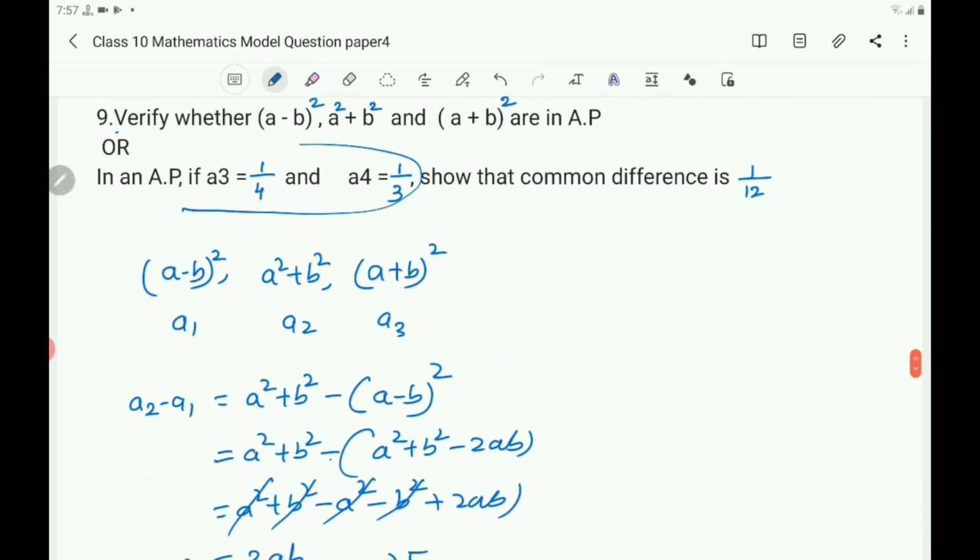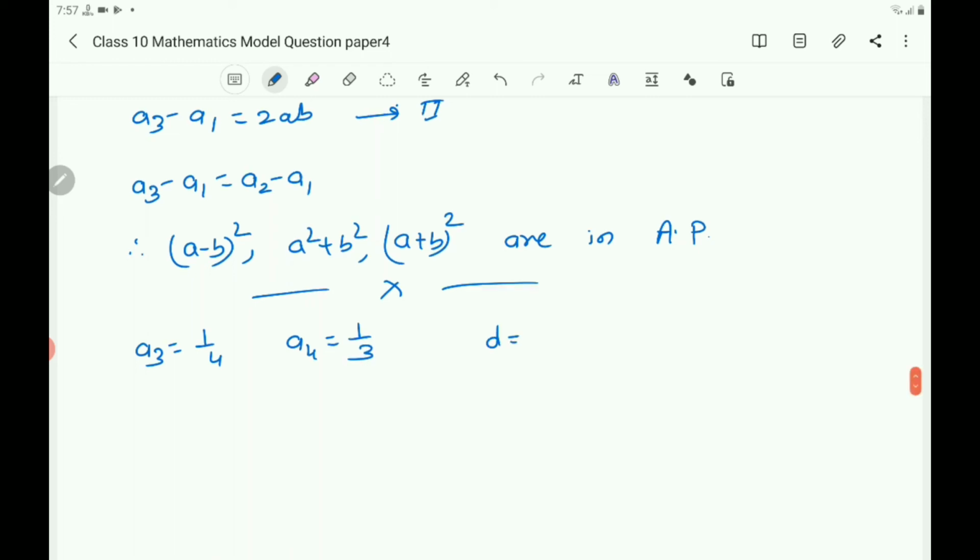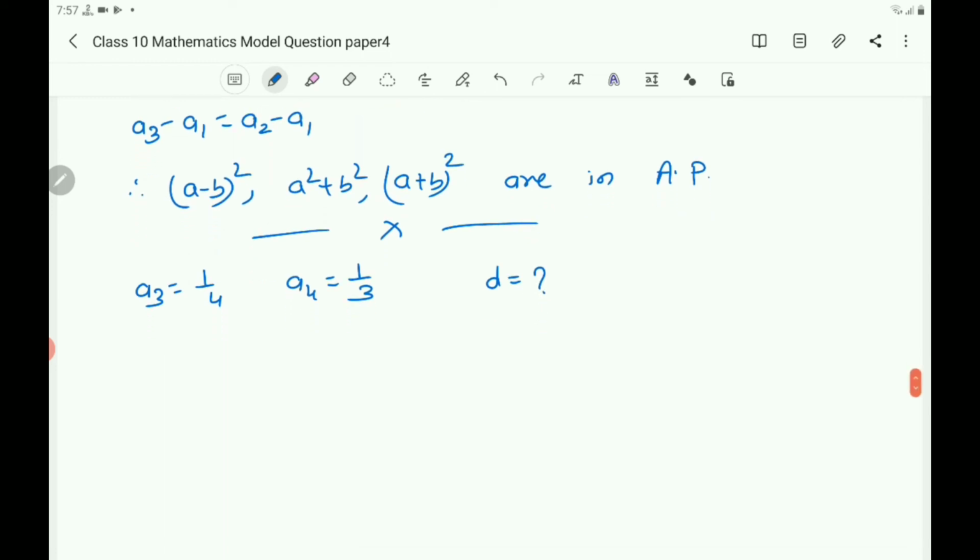So you write this first given. A3 equals 1 by 4. A4 equals 1 by 3. So what you have to prove here? D equals 1 by 12. Now let us consider this is Tp or AP. AP equals 1 by 4, AQ equals 1 by 3.